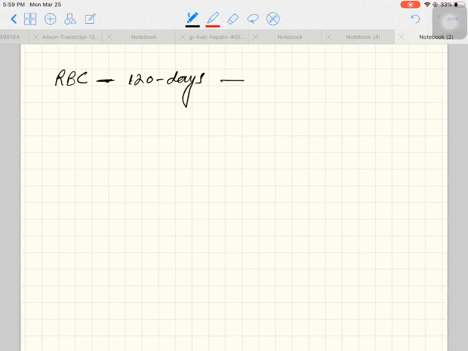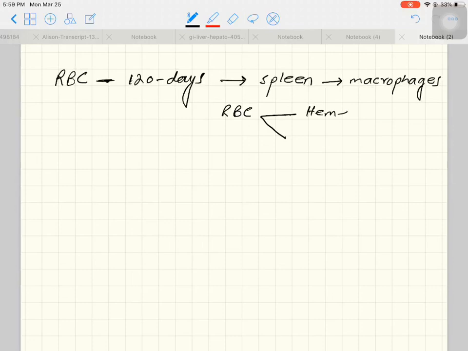Then these RBC cells circulate in the blood vessel and reach the spleen, where the macrophages present destroy the RBCs and produce heme and globulin. From heme we get iron and bilirubin.